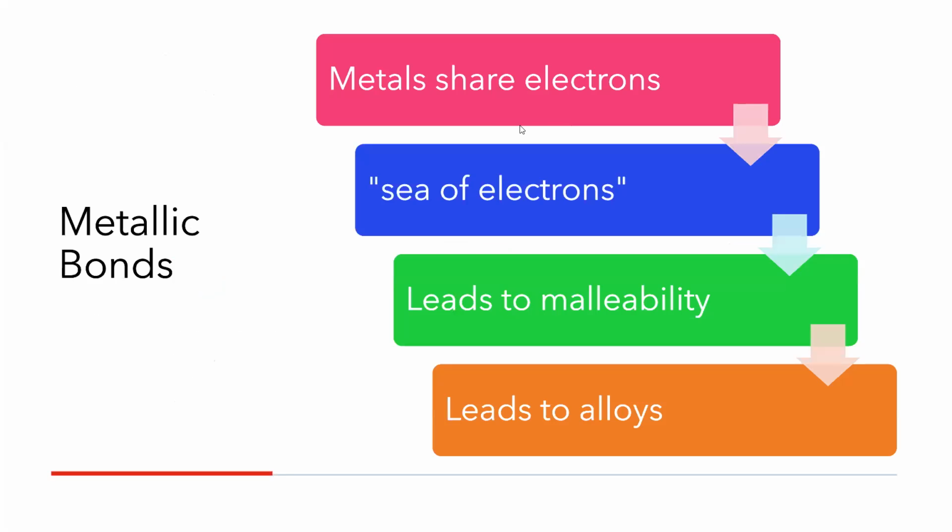So metallic bonding is the one that you guys are less familiar with, I would guess. And metallic bonding is made of metals. Surprise. You guys got anything metallic nearby? It's in your ears right now. Yeah, if we have wires, they're made of metal.